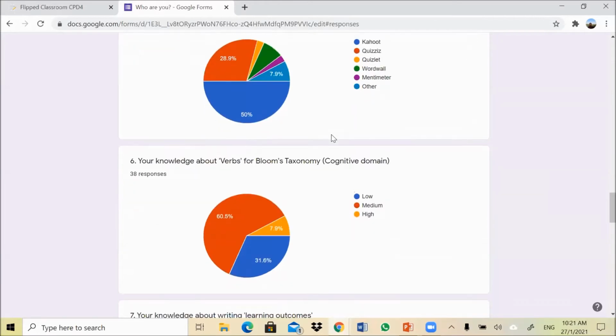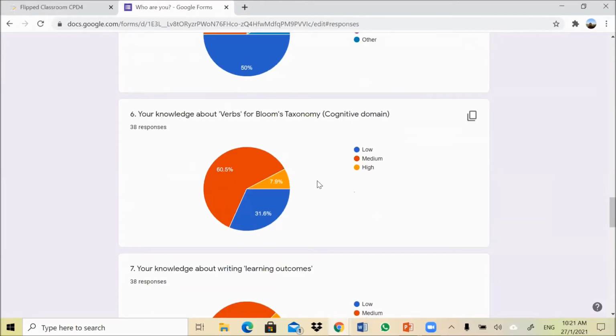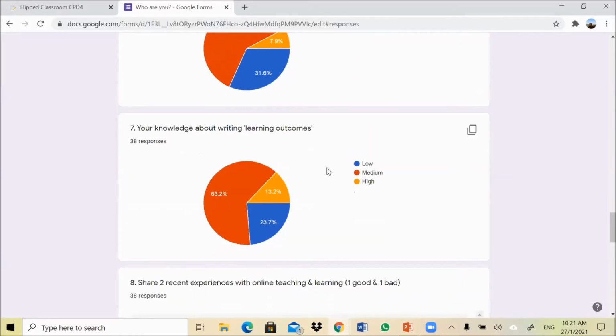Now this is important, Bloom's taxonomy. It seems like, as educators, we are familiar with that. But quite a lot of people are not so familiar with it, which then leads me on to the learning outcomes. And this is something we focus a lot on in education, writing learning outcomes or learning objectives.